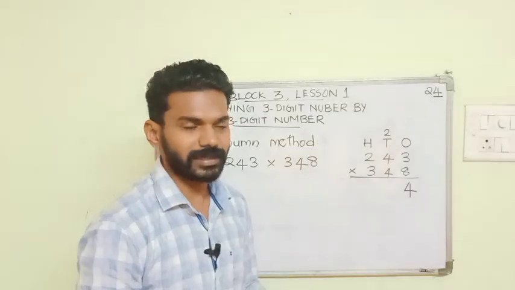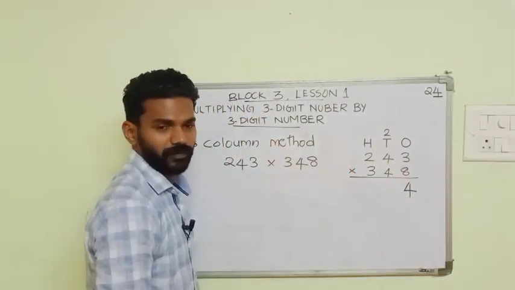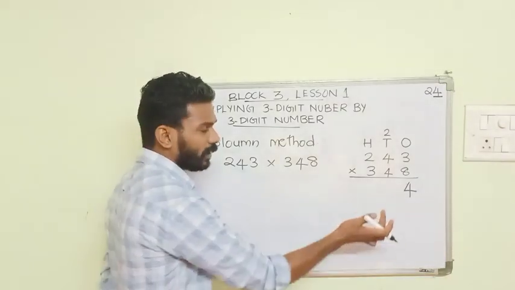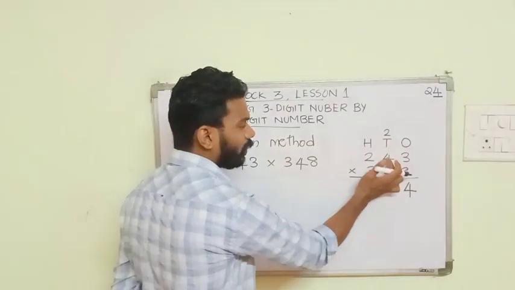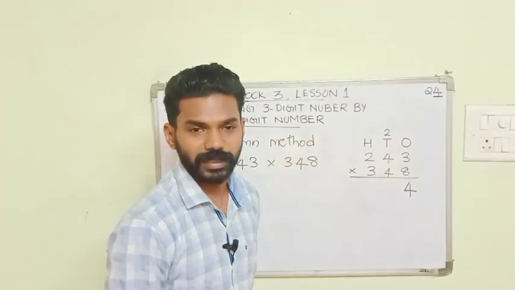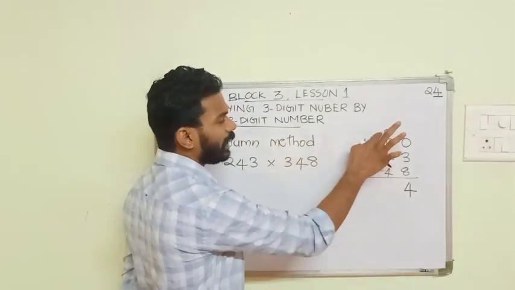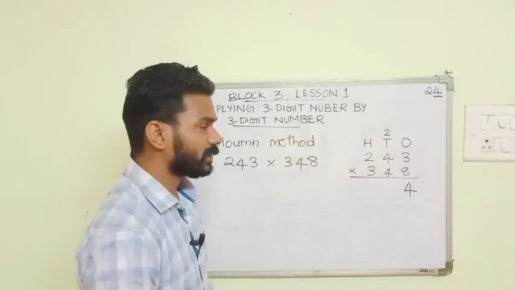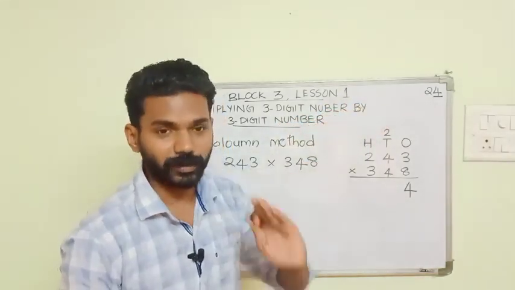Now what is the next step? You just want to consider this 8 itself. Now it has to be multiplied by the second digit 4, and 8 fours are 32. With that 32 you need to add this 2, which is already written here as part of regrouping.